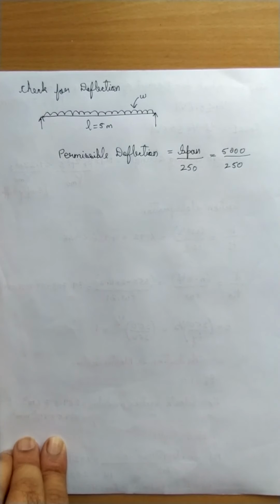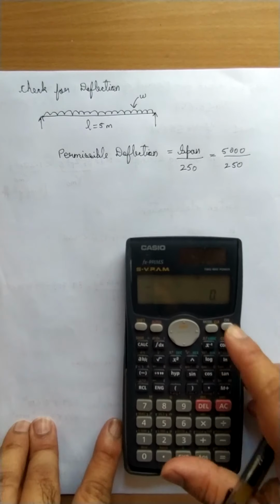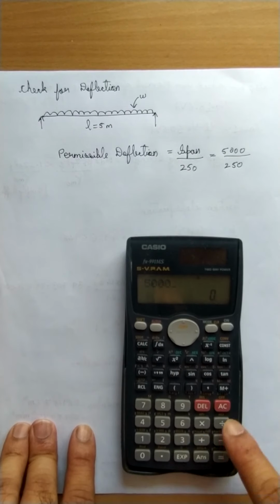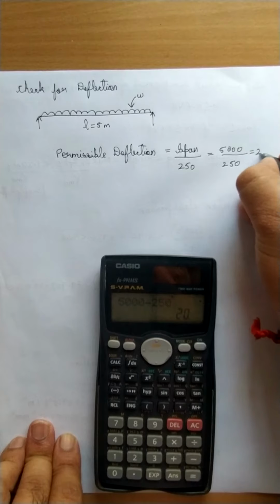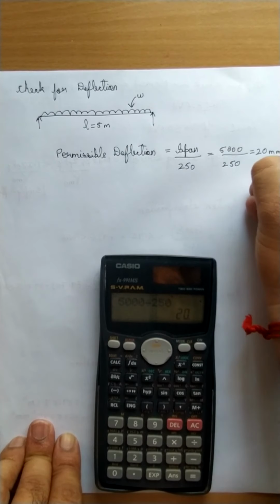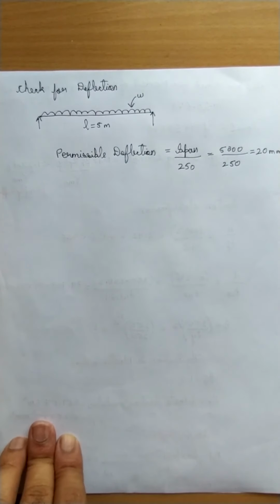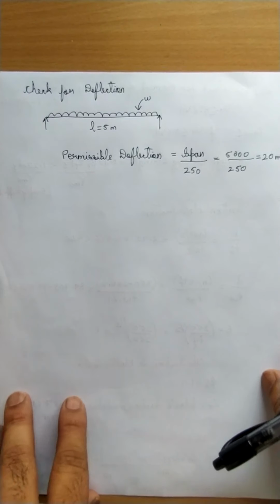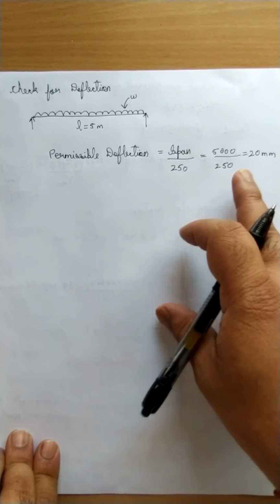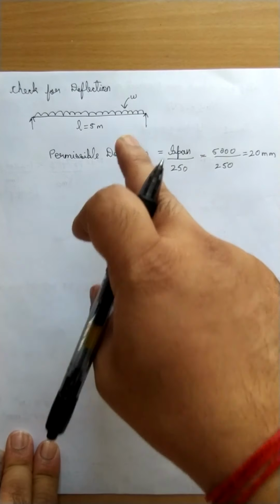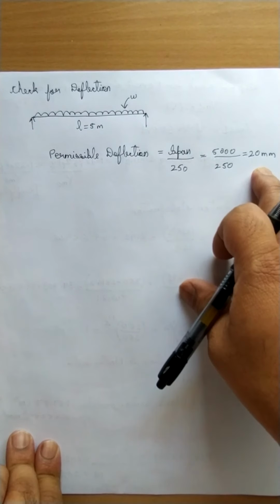So let us check how much we get. 5000 divided by 250, so it is 20 mm. The meaning of this is that the allowable deflection in the beam should be up to 20 mm. That means the deflection we calculate for the given beam should be less than 20 mm.